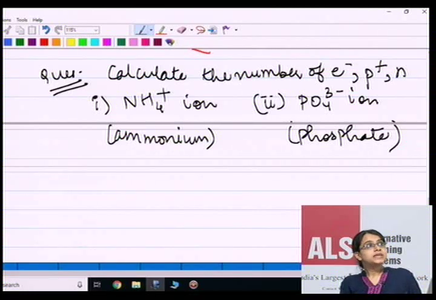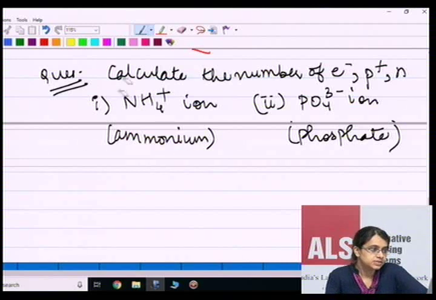Okay, students from other centers, I hope you're trying to attempt this. Okay, Shillong, your answer is correct. Kohima, please check the number of neutrons again. Yeah, okay, now you're correct. Neutrons is 7. Okay, great.